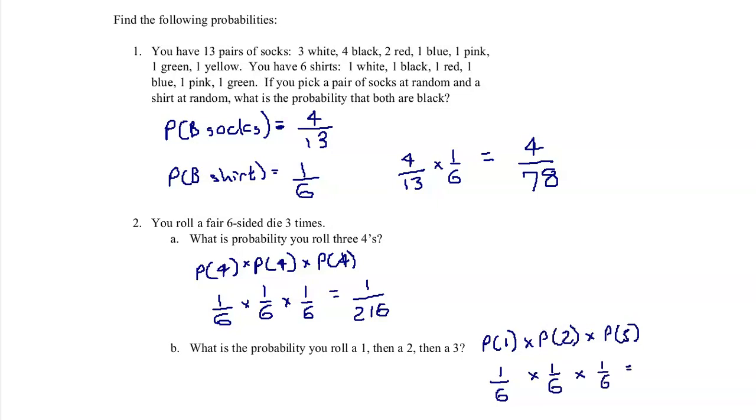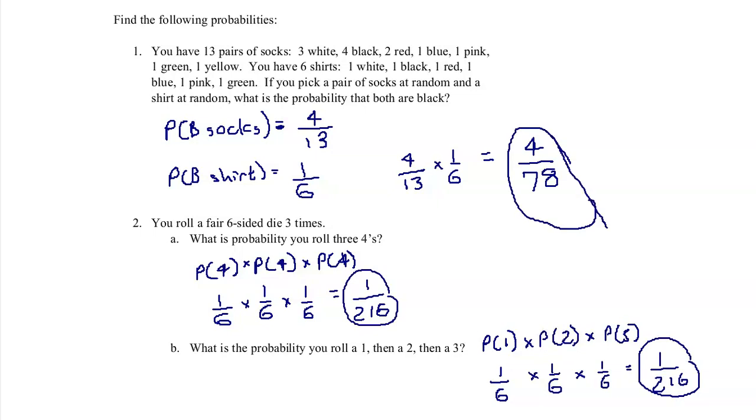So the probability of these 3 rolls is again 1 out of 216. Circle the answer so it's really easy to see what our answers are. All righty.